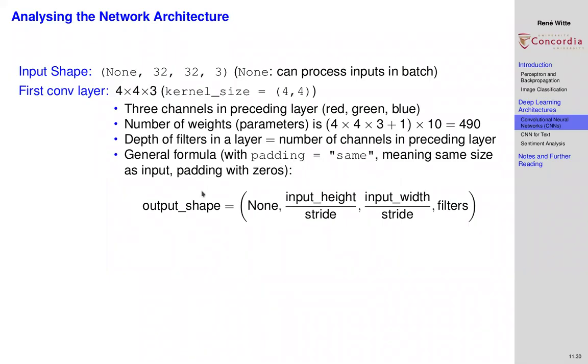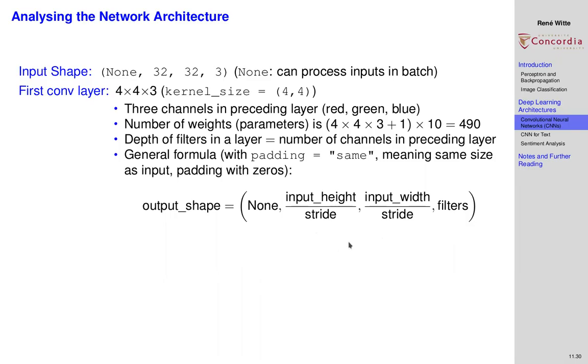So with this, there is a handy formula that you can use to calculate the output shape for each convolution layer, and it's the one given here. None is just, again, this wildcard here. And then for the dimensions, we have input height and width divided by stride, and the number of filters.